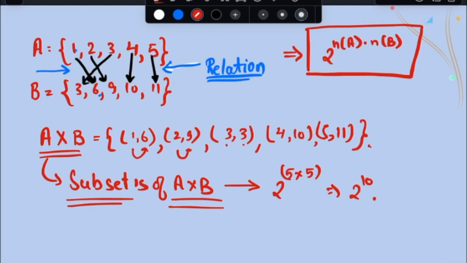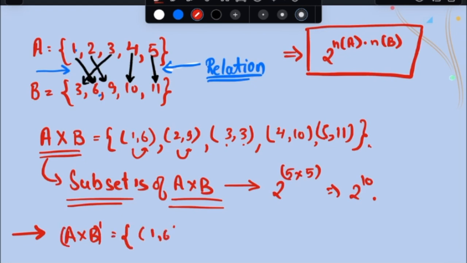How? In forming the subset, let A cross B dash be the subset.